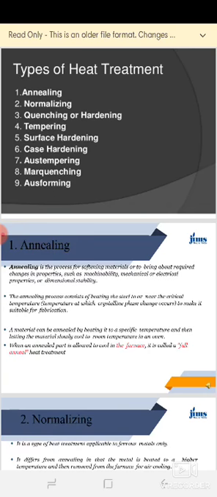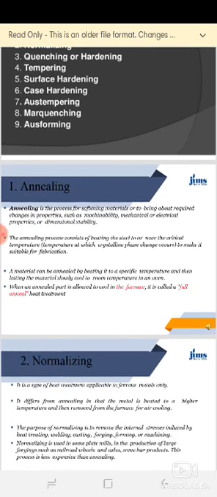Annealing is the process of softening material or bringing about required changes in properties such as machinability, mechanical or electrical properties, or dimensional stability. The annealing process consists of heating the steel to or near the critical temperature. What is critical temperature?